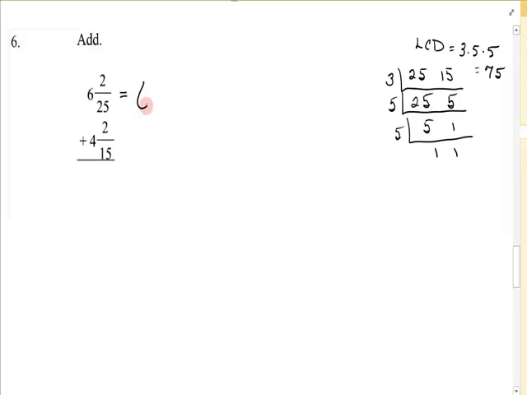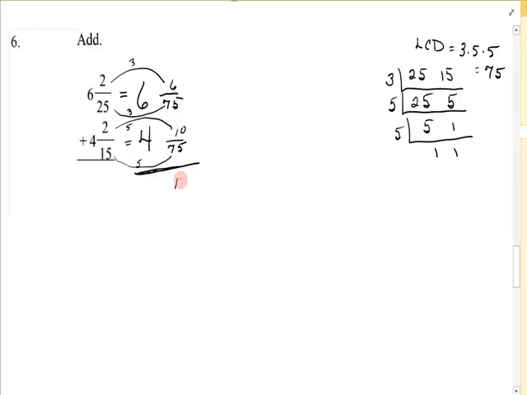The top is going to be 6 and some 75ths. The bottom is going to be 4 and some 75ths. 25 goes into 75 3 times, and 3 times 2 is 6. 15 goes into 75 5 times, and 5 times 2 is 10.